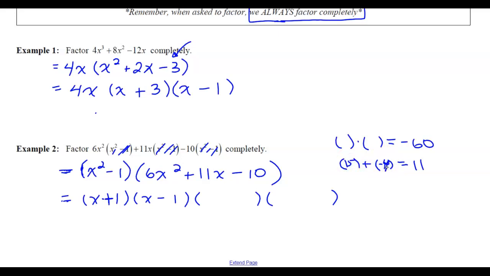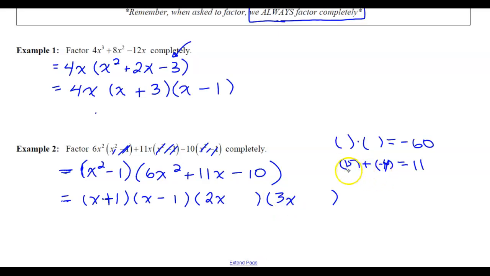There we go. So do I put 6x and x here? Nope, because I have to get on my outside and my inside 15 or -4, and I can't. So the only other choice is 2x and 3x. So I'm using inspection.